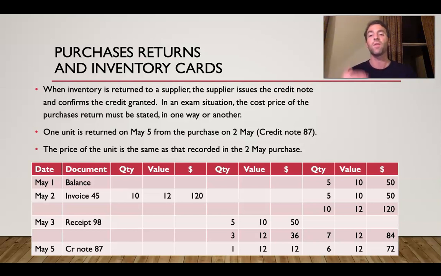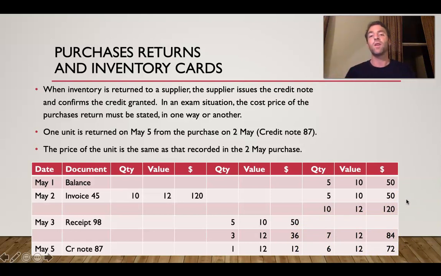We know that the one that was returned on the 5th of May was from the purchase on the 2nd of May. That means that the one that is going to go out of our business must be one of the $12 units here. Hence, out goes one of the $12. Our balance means we now have gone from 7 of these units at $12 to 6.